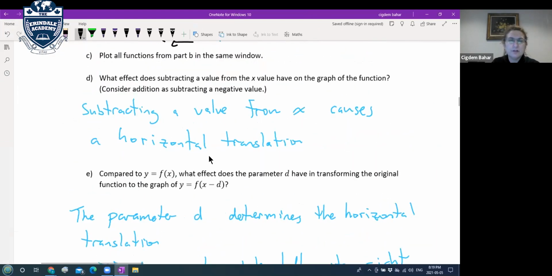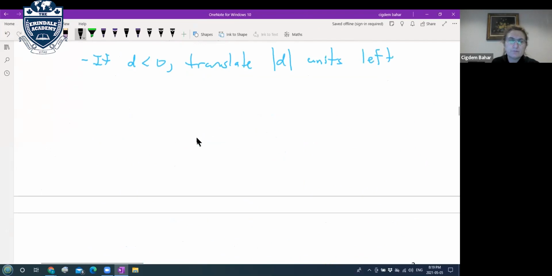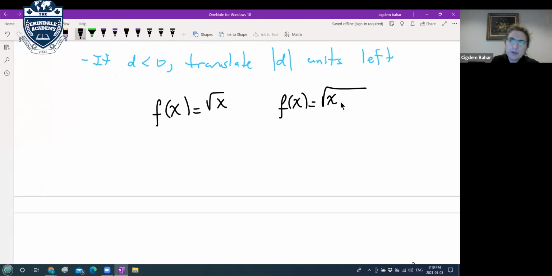So far you learned up or down, right or left. This is the parent function without any transformation. If you have a number next to x here, it's right or left. This is 5 right. If you see minus positive 5, this is 5 left.